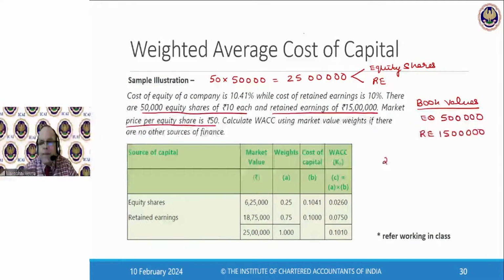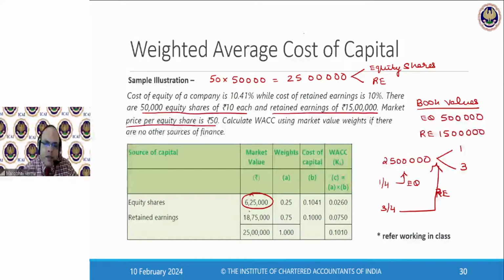So can I say that the 25 lakhs market value, which is given to us, needs to be bifurcated in the ratio of 5 is to 15, or what should be my ratio here? 5 is to 15, I think 1 is to 3. So that means 1 by 4th is equity and 3 by 4th is retained earnings. And that's how we are writing these values 6,25,000 and 18,75,000.